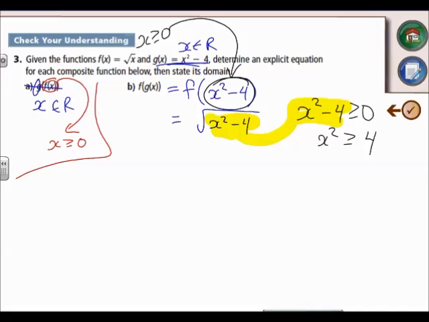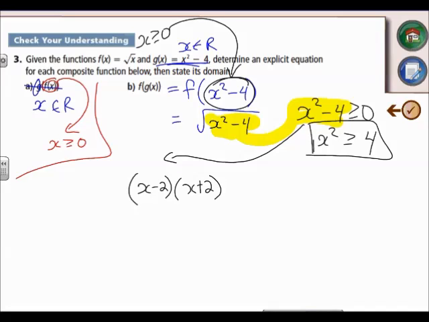Now, as soon as you get a quadratic and you get this here, there's really three different ways that I'm going to explain this. First thing, I would actually say, okay, let's not take it to this point. Let's go from here and factor. That's a difference of squares. X minus 2, x plus 2, greater than or equal to 0.